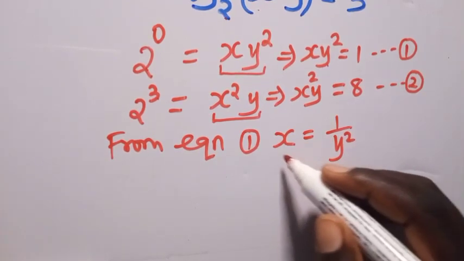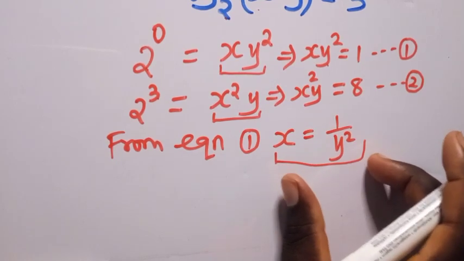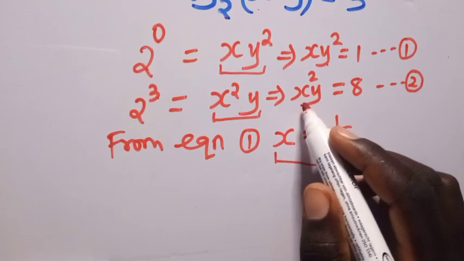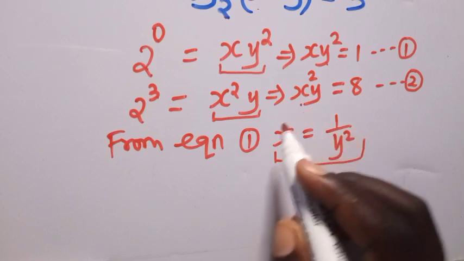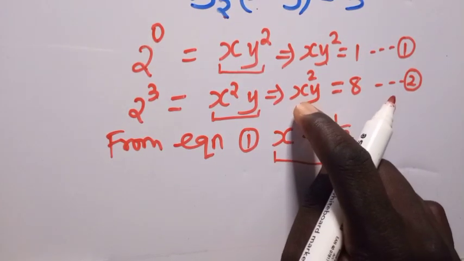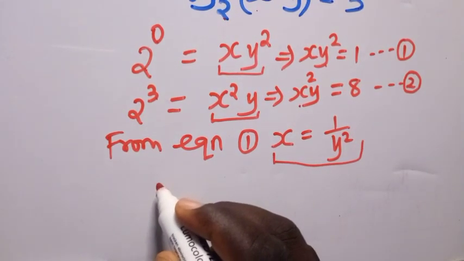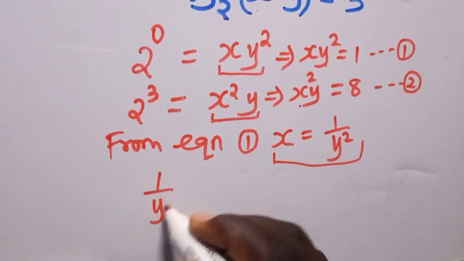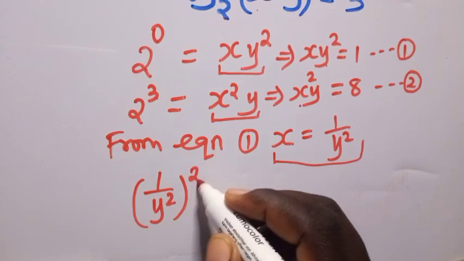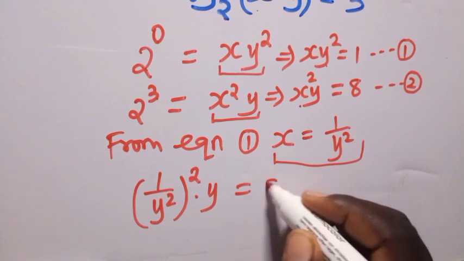Since this is what we have obtained from equation 1, we can substitute it in our equation 2. From equation 2, we have x squared y equals 8. If we substitute x with 1 over y squared, we shall have (1 over y squared) squared, times y, equals 8.